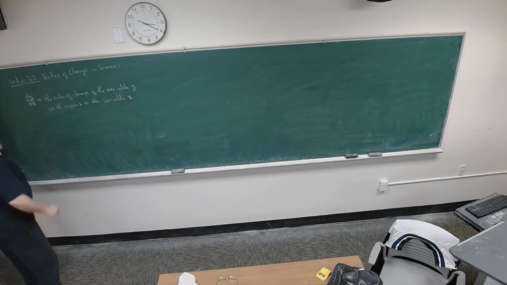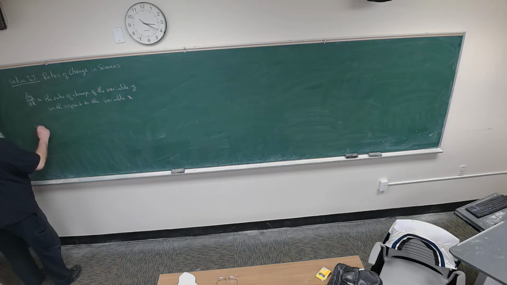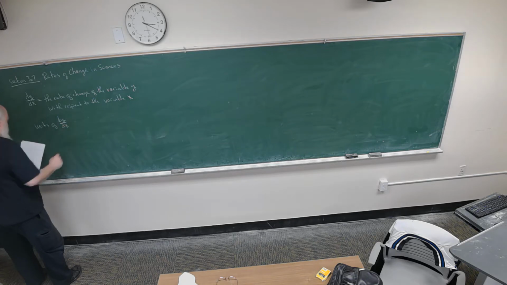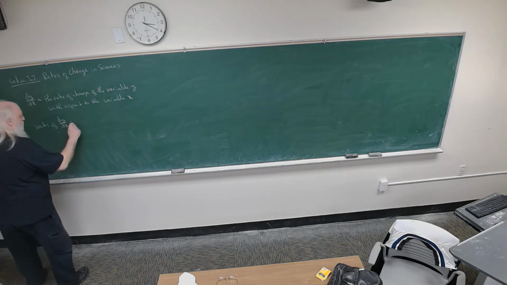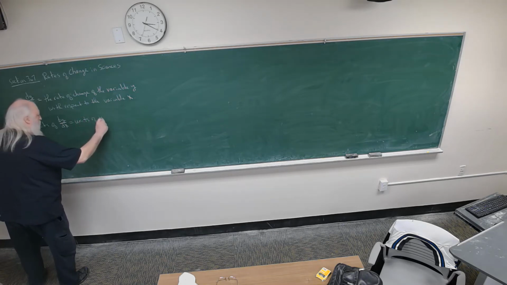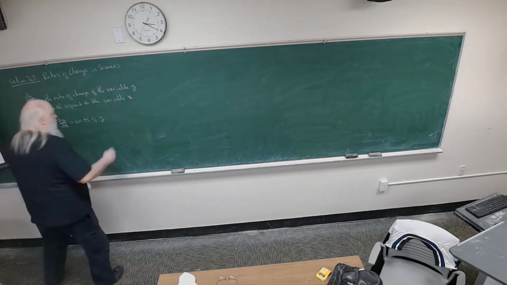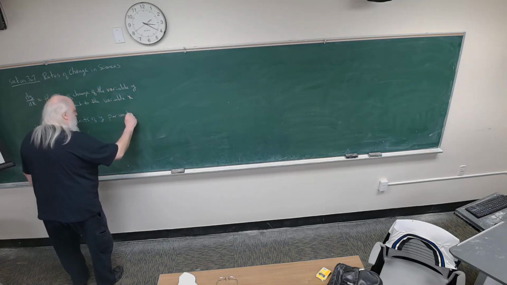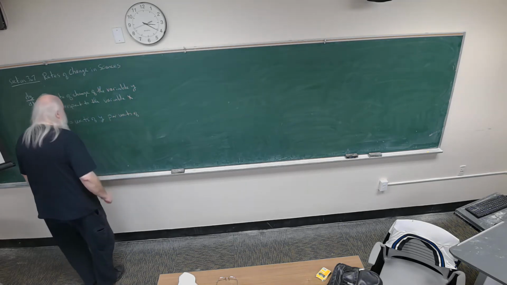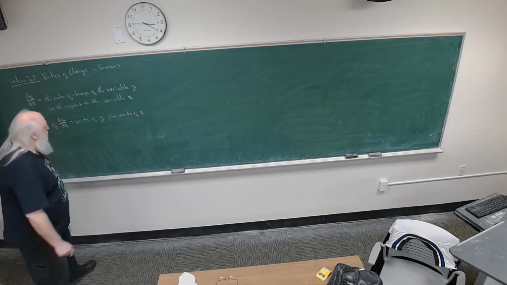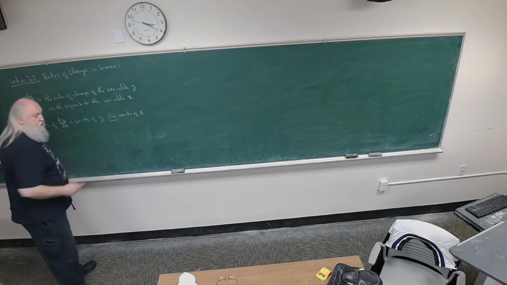The units of dy over dx are the units of y per units of x. So it's something per something, okay?